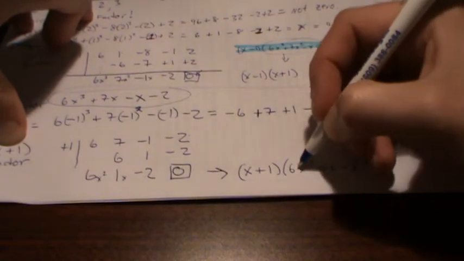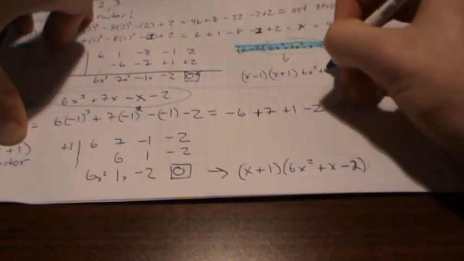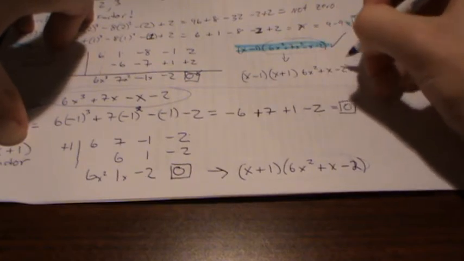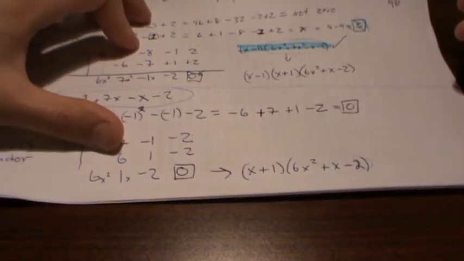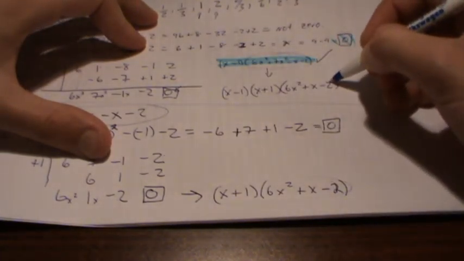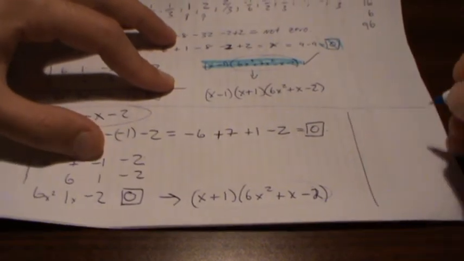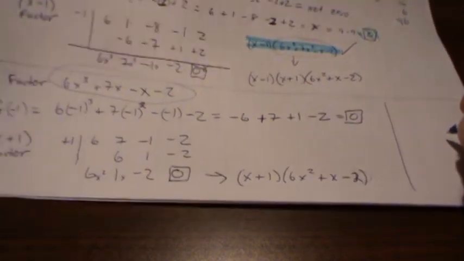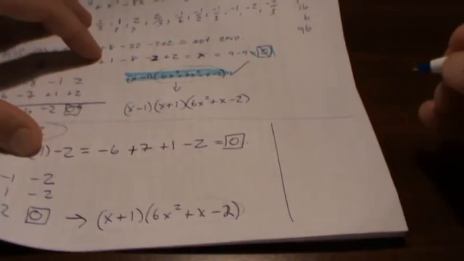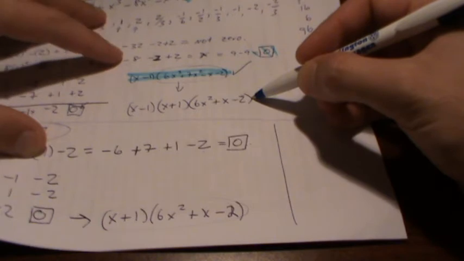And then 6x squared plus x minus 2. 6x squared plus x minus 2. And now we can easily factor this because it's a trinomial. Factoring trinomials is quite simple. And so we're almost done. I've got one last step, I just have to factor this trinomial.